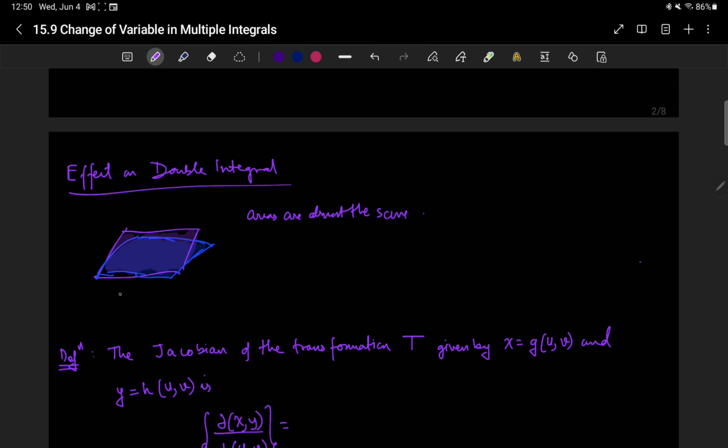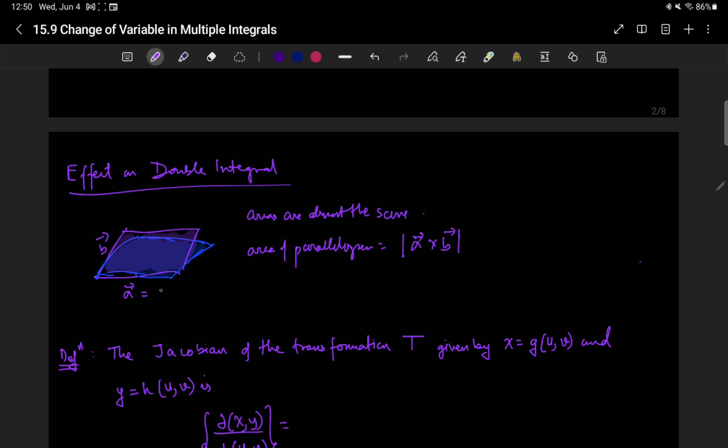And so we know that if you have a vector A and a vector B, then the area of the parallelogram is given by the absolute value of the cross product of these. This is something from Calc 1. And something pretty similar happens here, which is that these vectors become the tangent vectors.